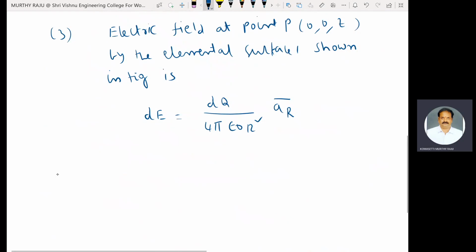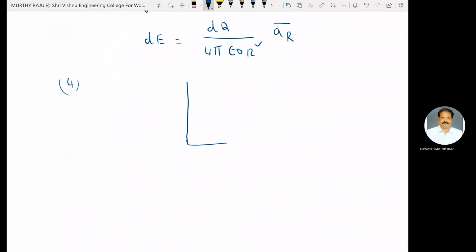Fourth important point: this is y, z, x.